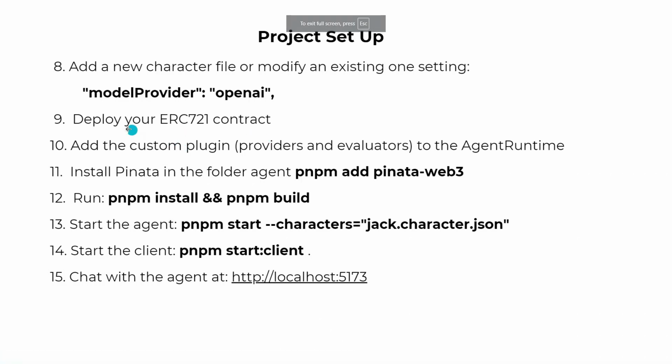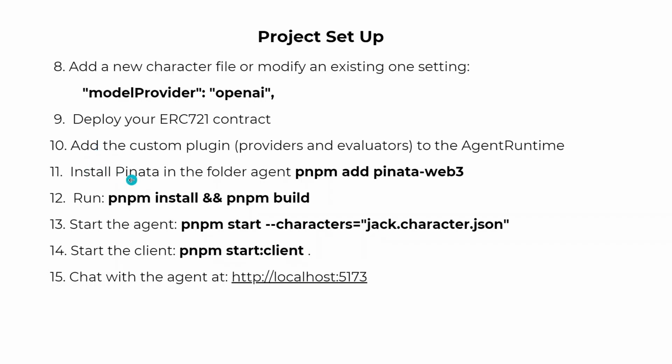Once we have done all this, the next thing to do is to add the custom plugin that we will create to mint NFTs to the agent runtime. It will basically be constituted by providers and evaluators, but in a plugin, as we will see, there can also be actions. We will see the difference between these three interfaces.